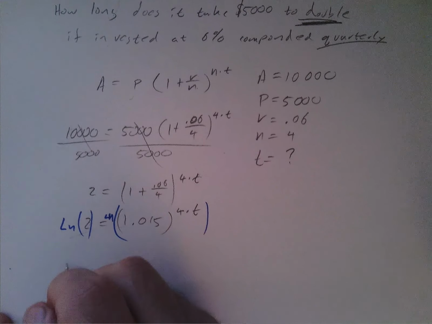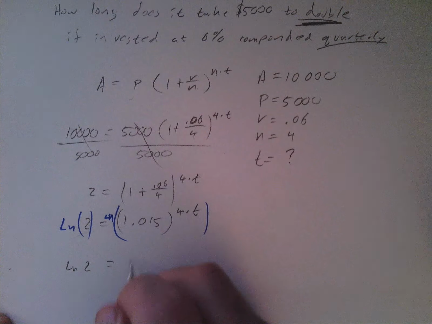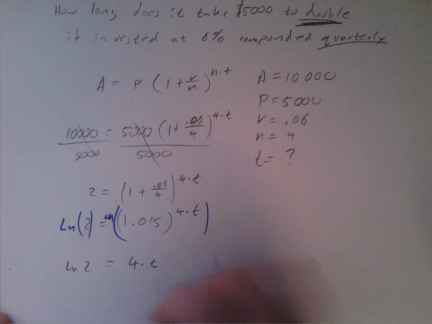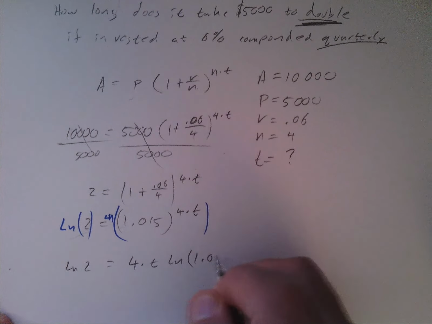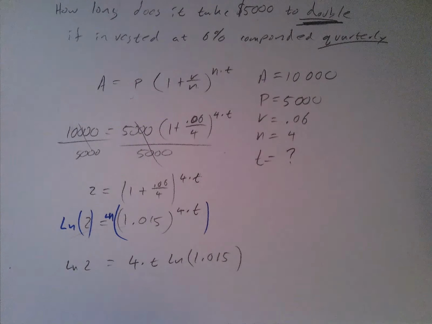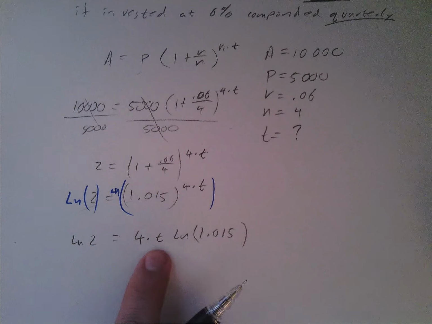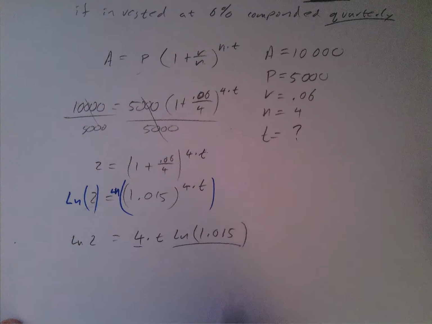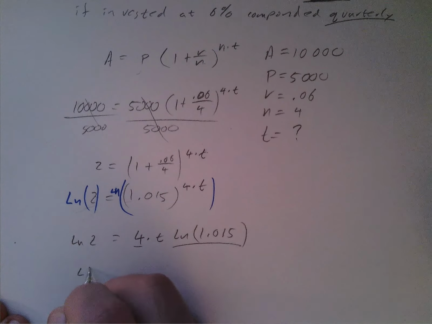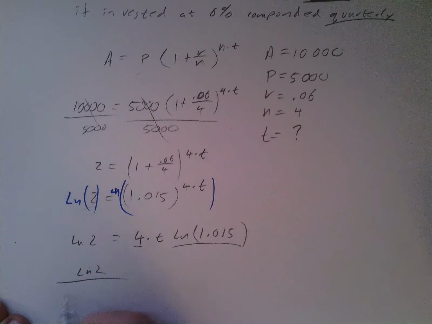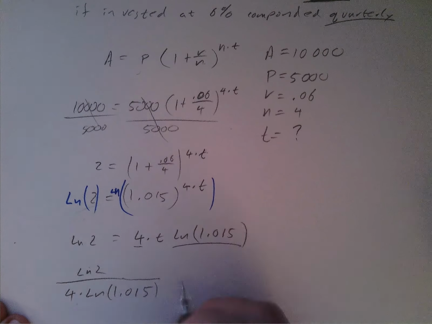So now I have ln of 2 is equal to 4 times t ln of 1.015. Logs are powerful things. I know you didn't like it when we did it in our class. Okay. Well, I just got to get t by itself. So that's multiplication, move it to the other side with division. So ln of 2 divided by 4 times ln 1.015 is equal to t.